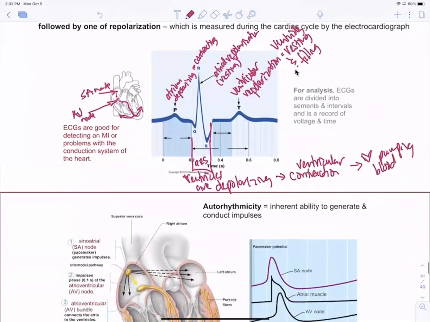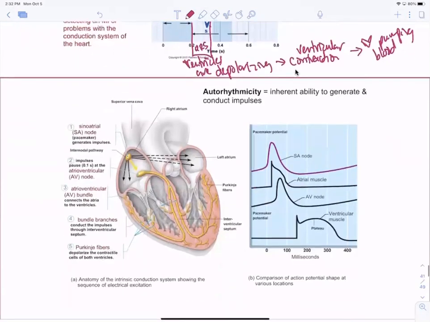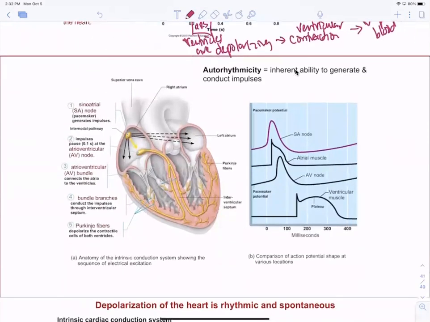So it's just following to make sure that your atria are depolarizing, that the electrical current is actually flowing from the SA node. And by the way, your regular heartbeat that is set by your SA node or sinoatrial node is called your sinus rhythm.